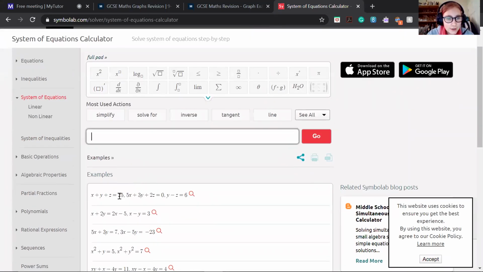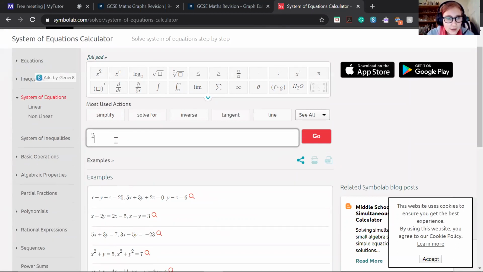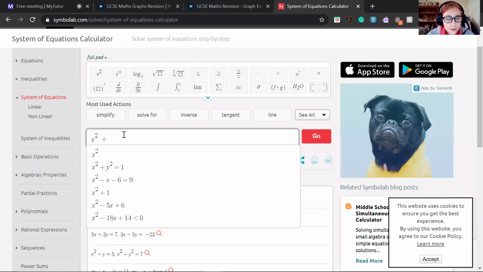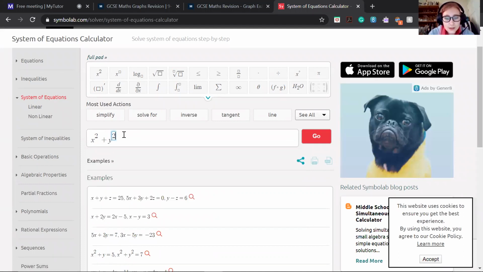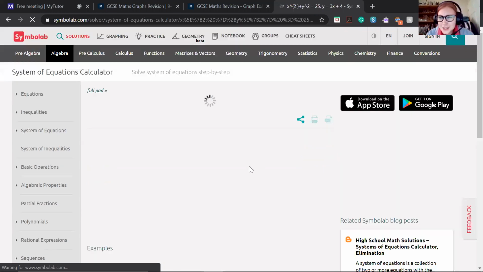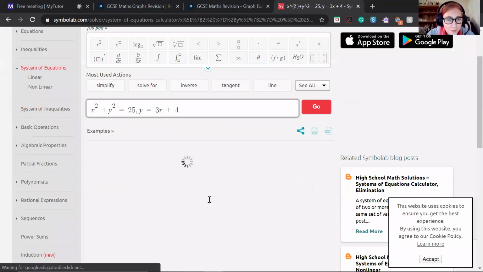Oh, okay. Yeah, okay. X squared, x squared. Oh gosh, maybe this is going to take too long and freeze my computer. Yeah, there we go. X squared plus y squared equals 25, and y equals 3x plus 4. I feel like a teacher trying to use technology. That's awful, isn't it?